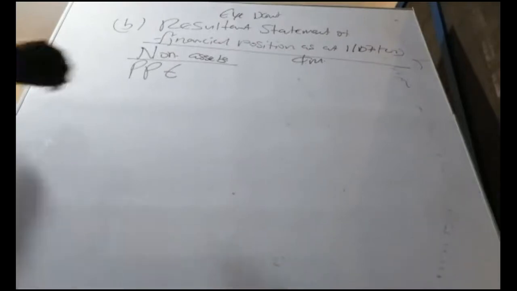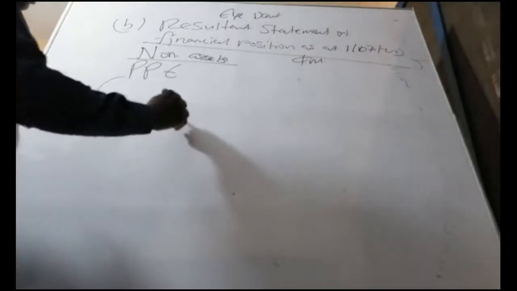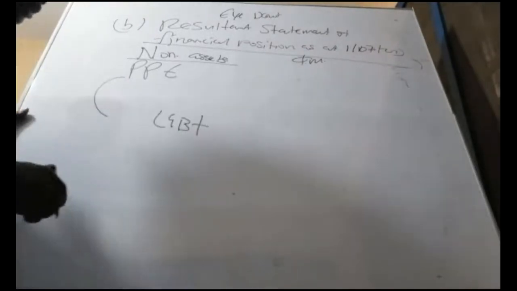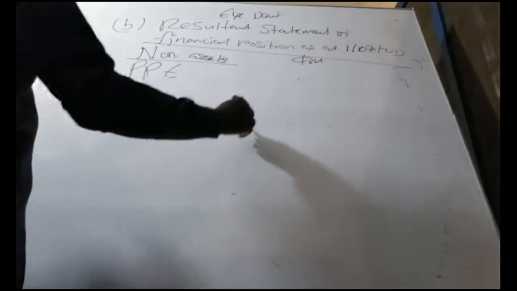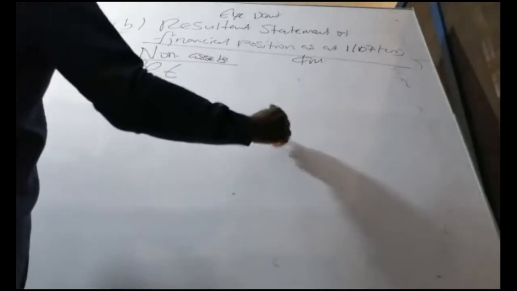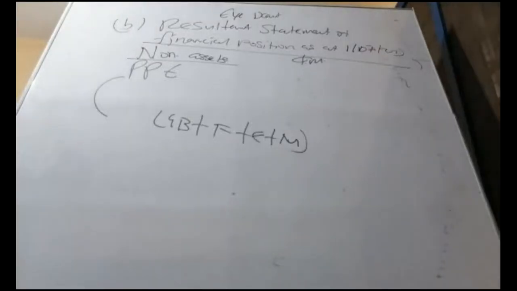So what are the going concern values? Add the figures together. Go to the going concern values. Open your bracket. It's made up of 4 items: land and building, plus furniture, plus equipment, and plus what? Motor vehicle. You put them together. Can you give me the figures?